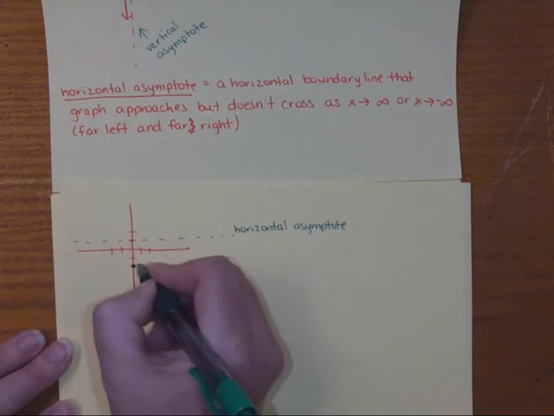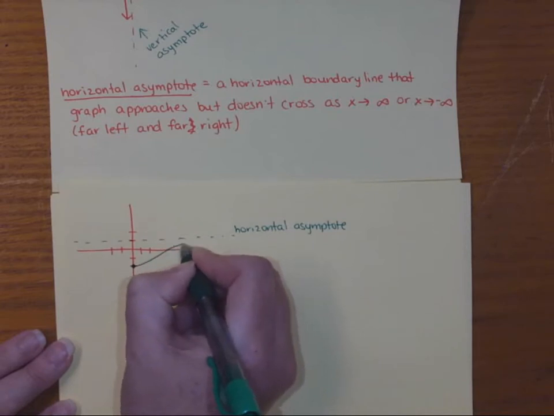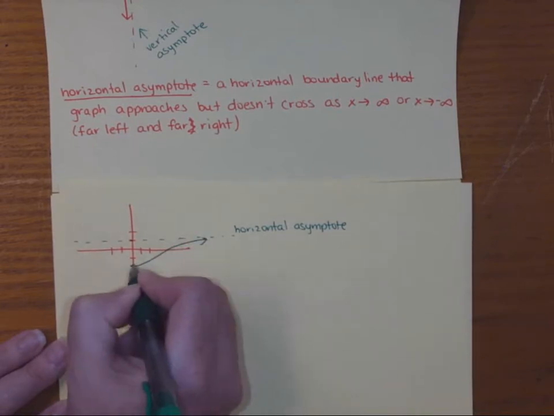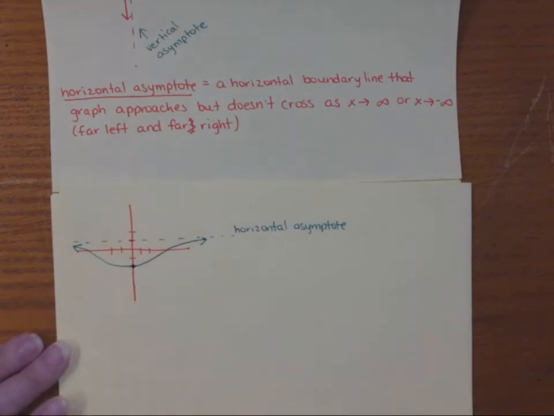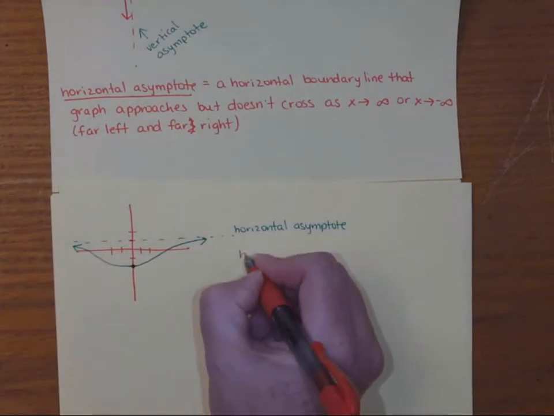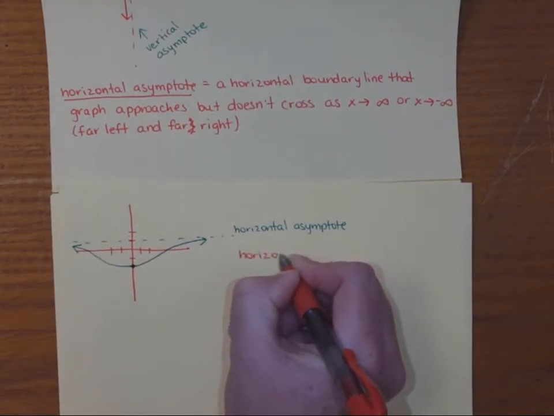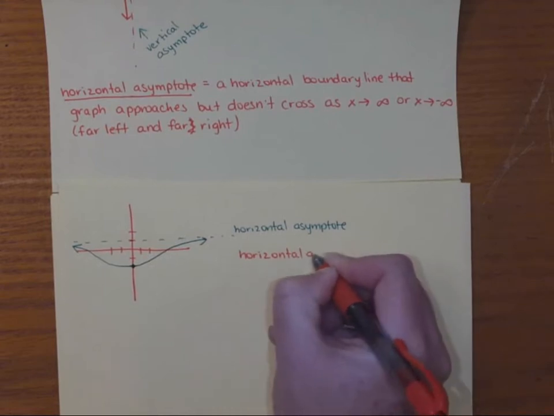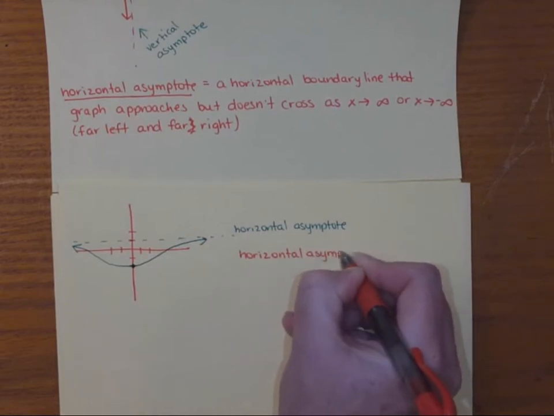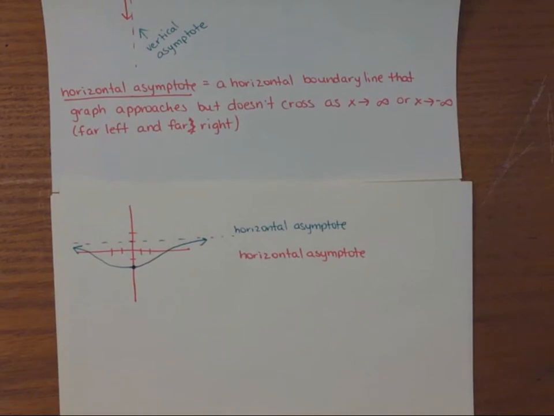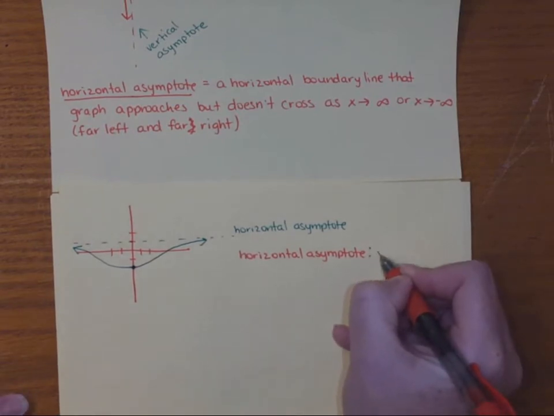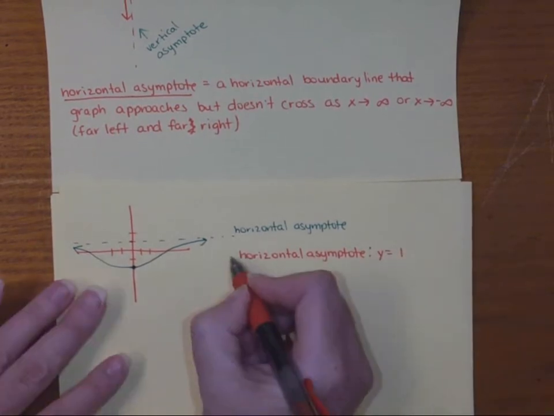Let's say my function crosses here and then just gets really close to that line without crossing it. Notice for vertical asymptotes, we say the equation is x equals a number, because that's how we write vertical line equations. And for horizontal asymptotes, we will say y equals, sorry, not 2, but 1.